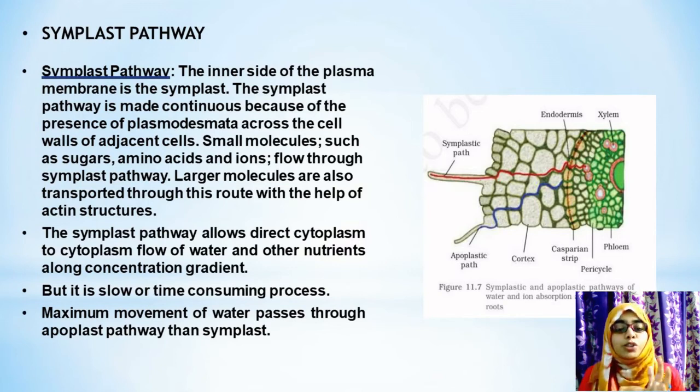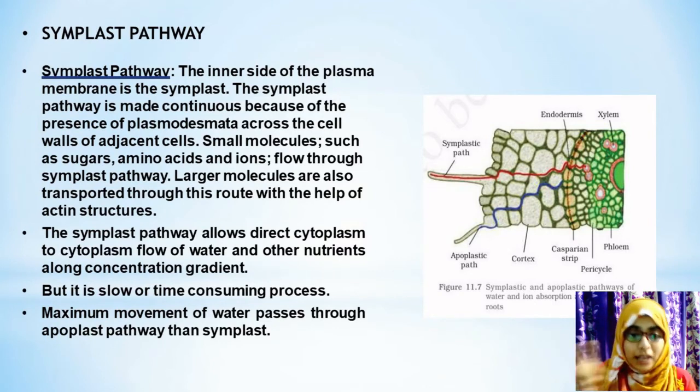A water molecule should pass through all these and reach the other cell. But in the case of the plasma membrane, it is very empty, so it is easily transported from one plasma membrane to the other. Whereas in the symplast pathway, going through the cell is time consuming.